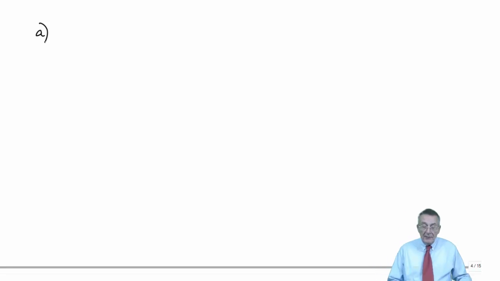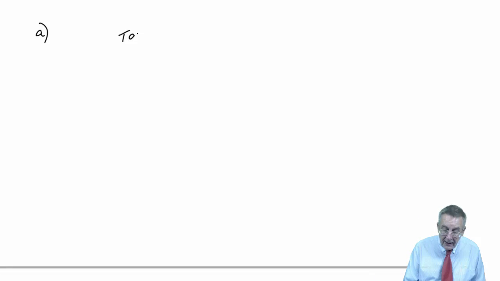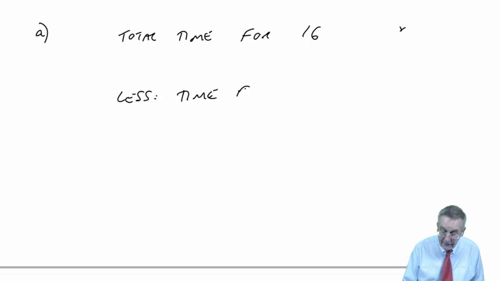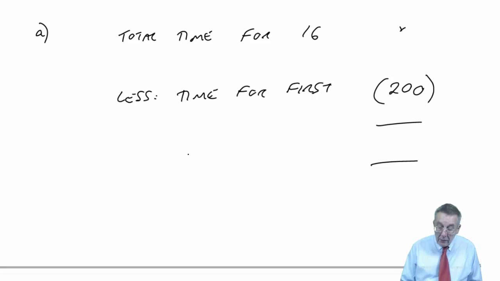And so, as I was explaining before, the only way we can do it is to get the total time for 16, then subtract the time for the first, which we know is 200 hours, and then we'll have what we want, the time for the next 15.